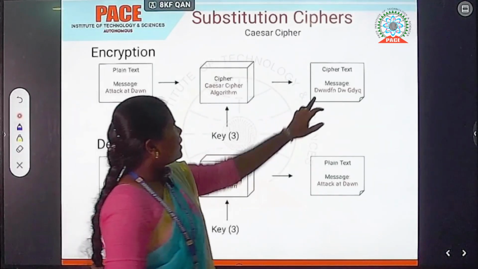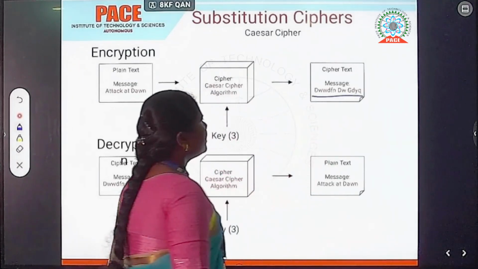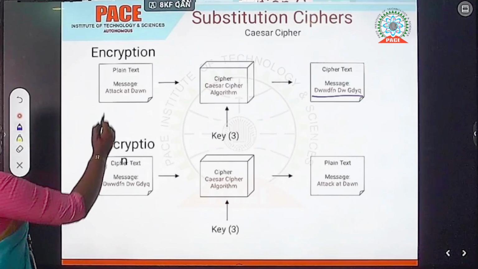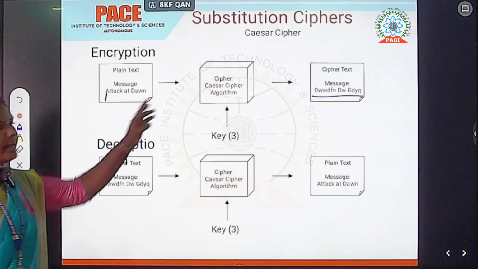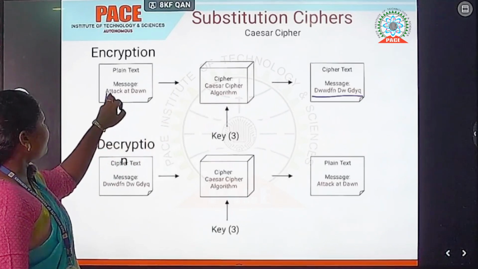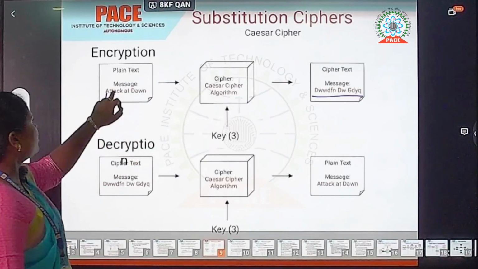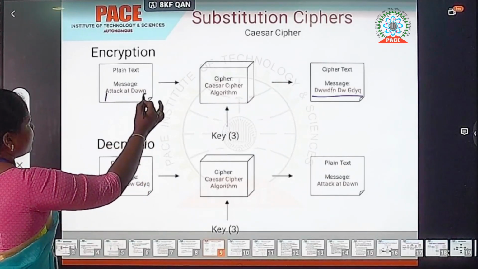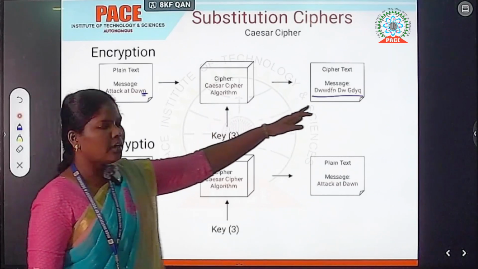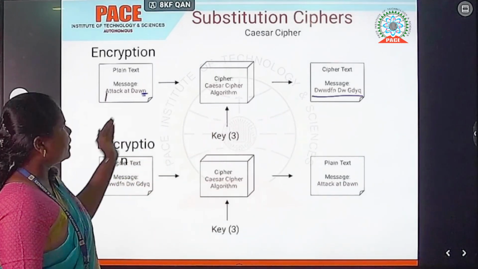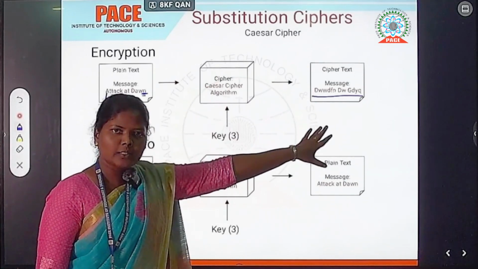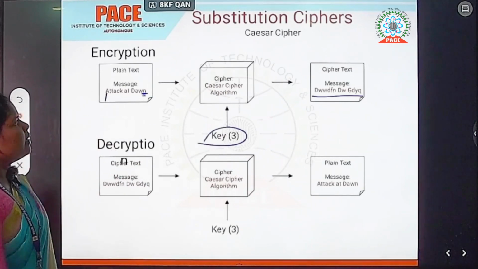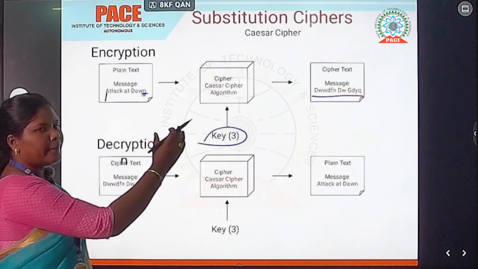That is DWWDFN DW GDZQ. The third letter from A is D. After T, the third letter is W. For T again W. The last one, N, adding the count of 3 gives Q. That's how the plain text is converted into ciphertext by using the key. And again, after the ciphertext is complete, we will decrypt the data back into plain text.